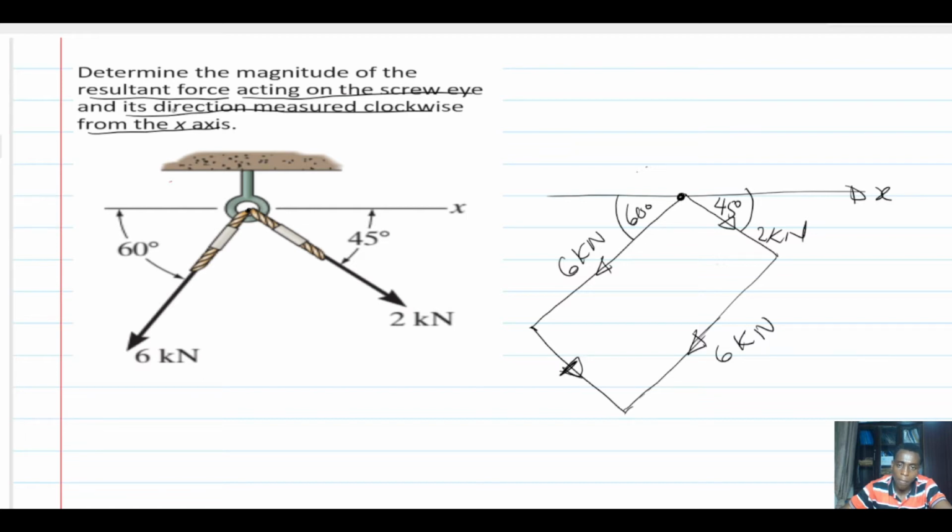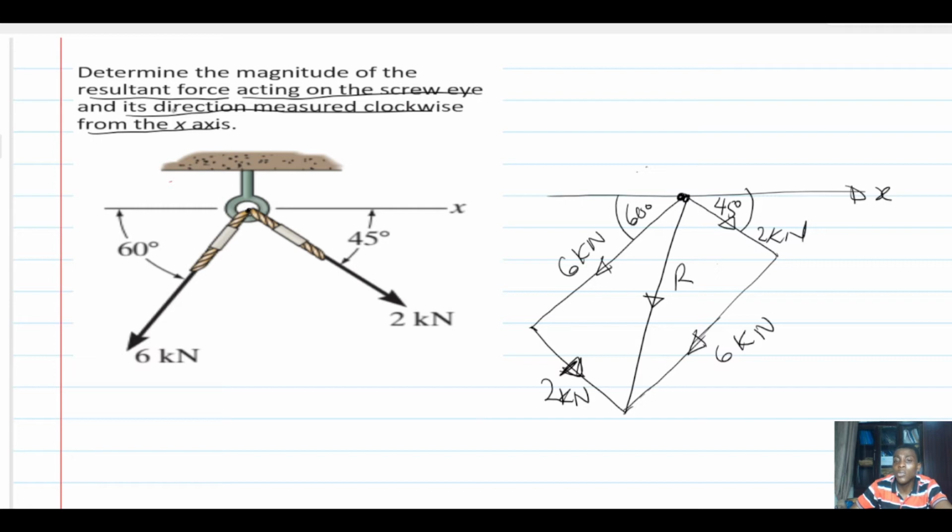So that is the 2 kilonewtons right here. At this point, the resultant is going to be the diagonal. So the resultant is going to be this diagonal right here. That's all. The rest is trigonometry.